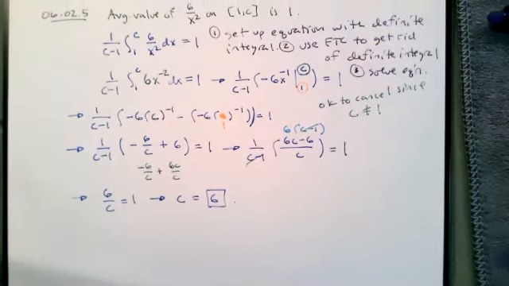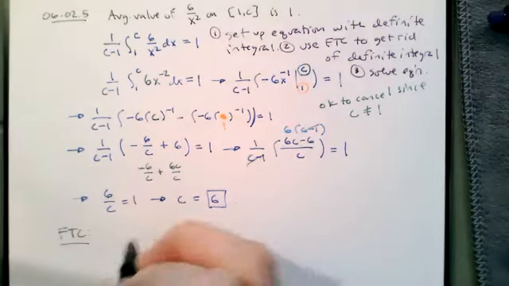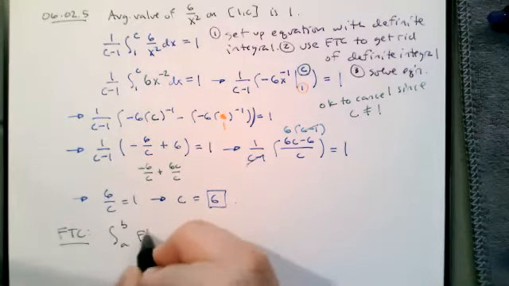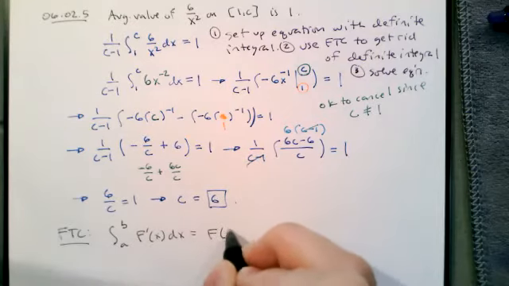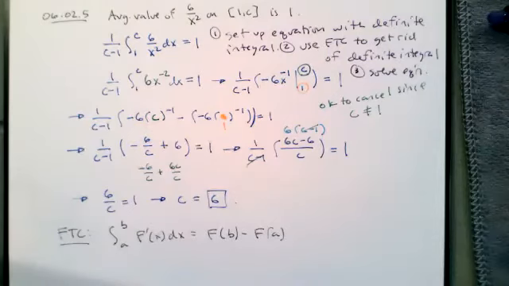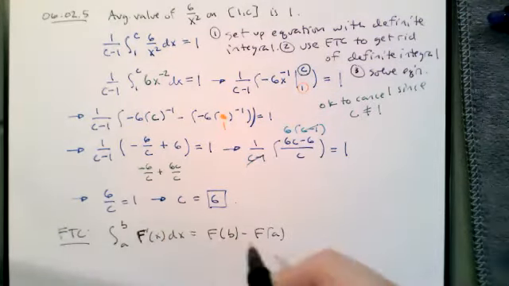The fundamental theorem of calculus is just the find-the-antiderivative part. Got it. So the fundamental theorem of calculus is that the integral from a to b of a derivative is capital F at b minus capital F at a, where the derivative is of capital F. Perfect. Thank you.